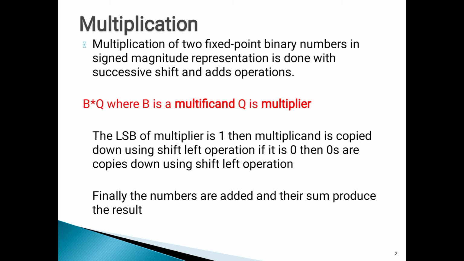Shift in the sense the bits are shifted to either left or right. One bit is shifted to either left or right. That is a shift operation. And our add operation, we know the add operation, right?